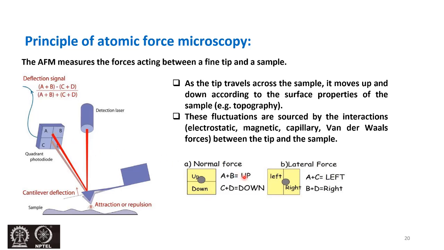That is how we know that if it is going in this region, that is upward. If it is going in this region, that is downward. So we know the topography, basically how it is moving up or down, and the lateral force, left or right. If it is going to the A plus C side, that means left. If it is going towards the B plus D side, that means right. So the lateral force and normal force we will be able to get, and also the topography of the surface we can observe.